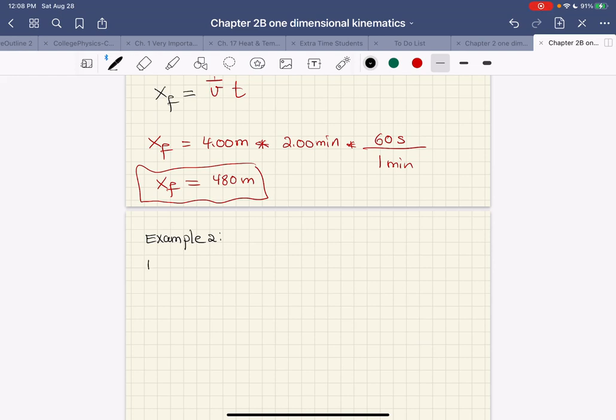Like I have an airplane that lands with an initial velocity of 70 meters per second and then decelerates.